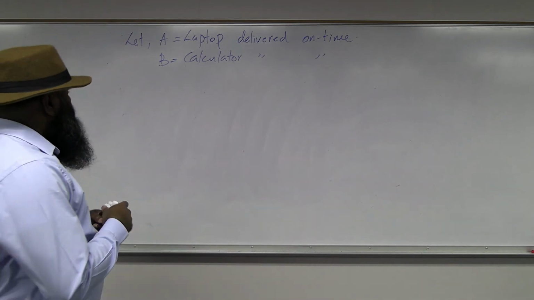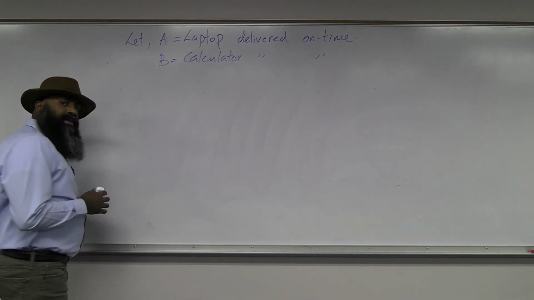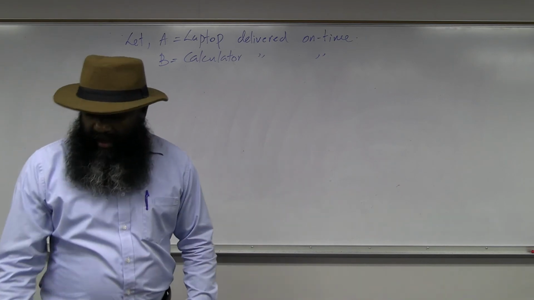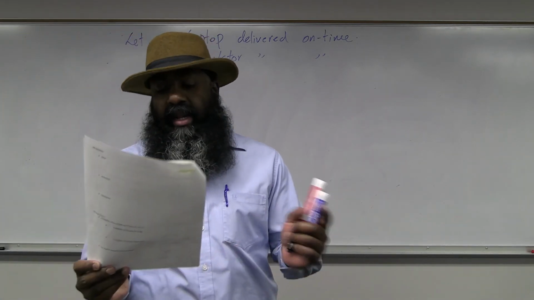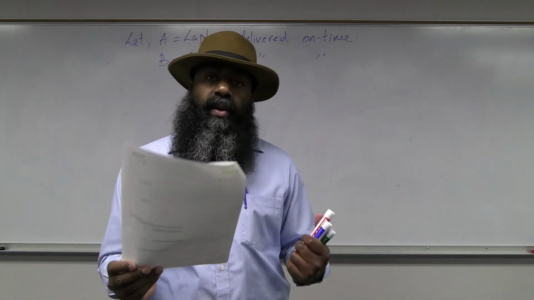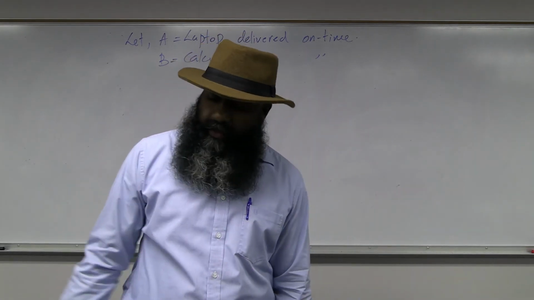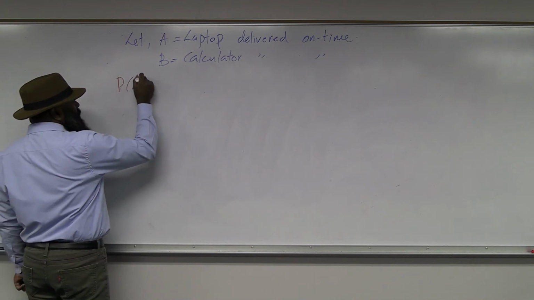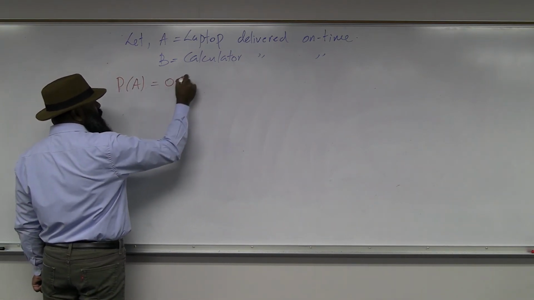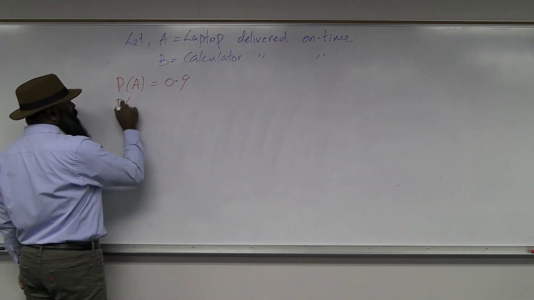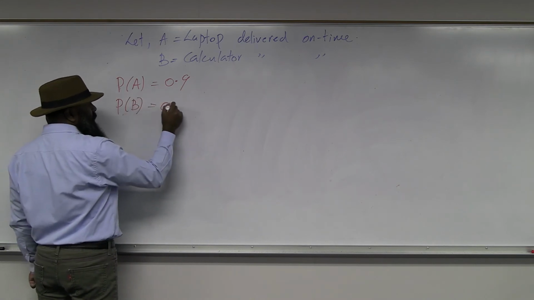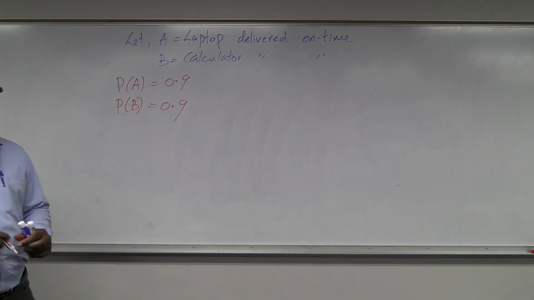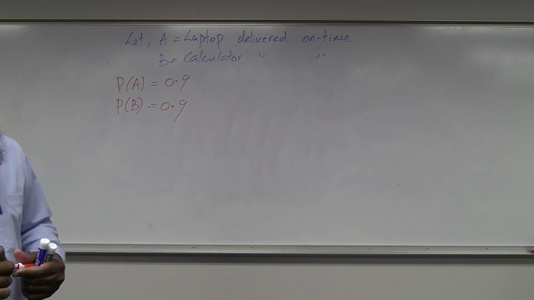Now the probabilities of A and B are given, right? In the first line it says the company delivers 90% of its online orders on time. So it should deliver the laptop on time with that same probability of 0.9, and the probability of B should also be equal to 0.9. The orders are independent.